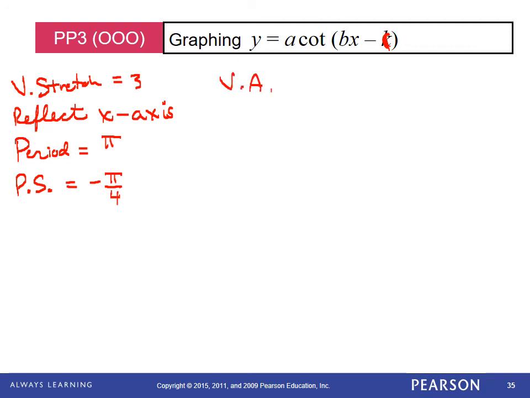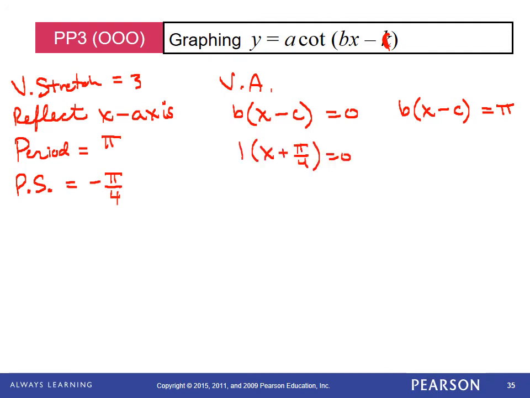All right, also the vertical asymptotes. Let's put those in here. That's my formula for vertical asymptotes. One occurs at 0, the other one occurs at pi. So plugging in the 1 for the b value, x plus pi over 4, the ones disappear. Subtracting pi over 4, there it is.